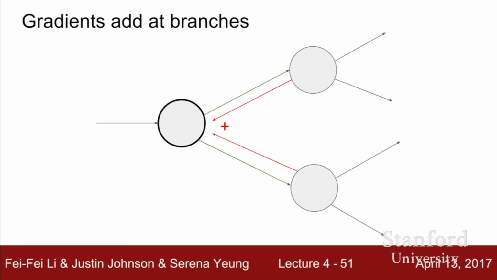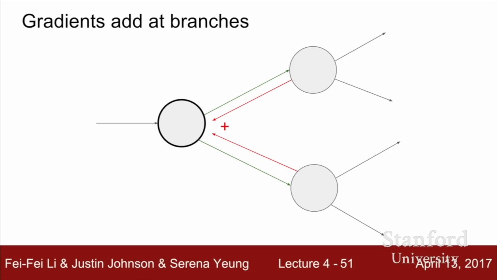Okay, and so one other thing to note is that when we have a place where one node is connected to multiple nodes, the gradients add up at this node. At these branches, using the multivariate chain rule, we're just going to take the value of the upstream gradient coming back from each of these nodes, and add these together to get the total upstream gradient that's flowing back into this node. You can see this from the multivariate chain rule.